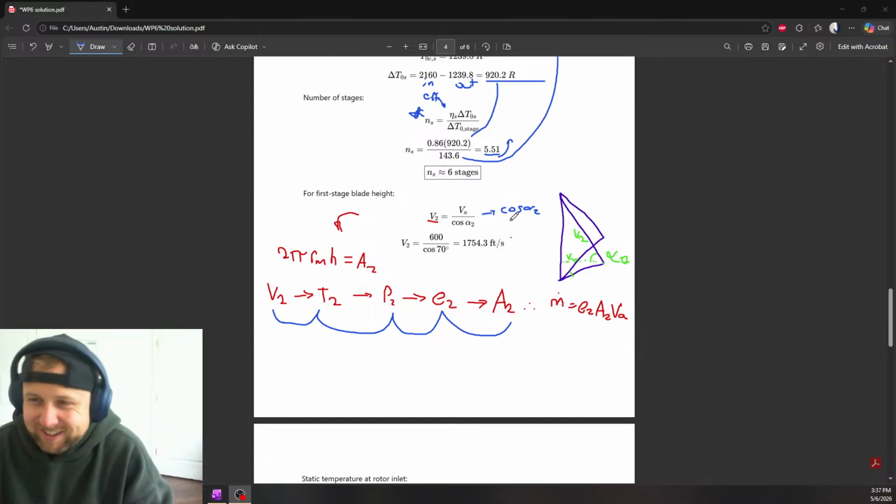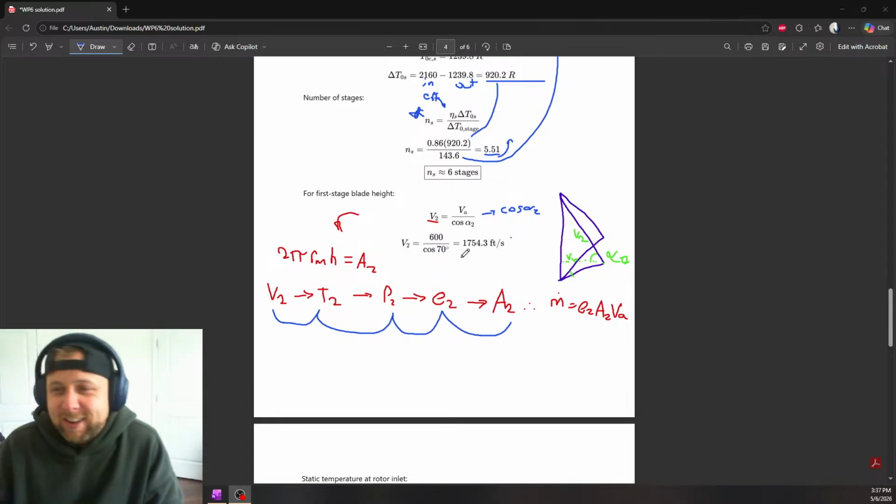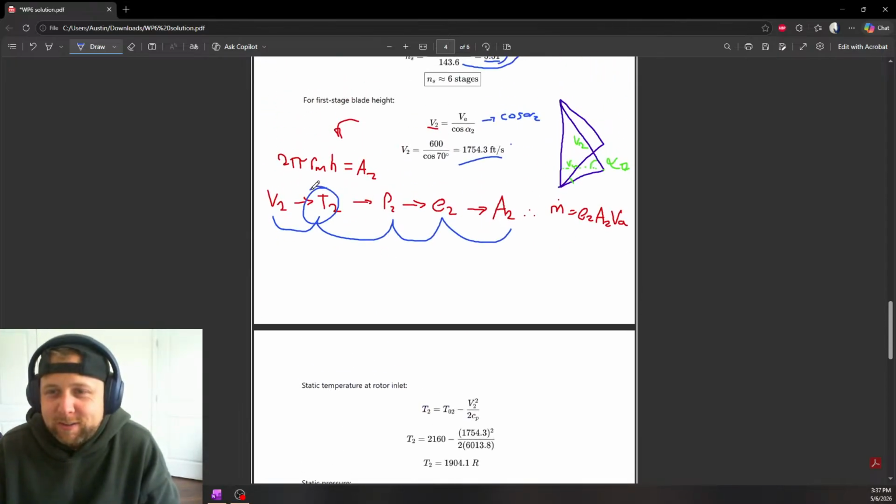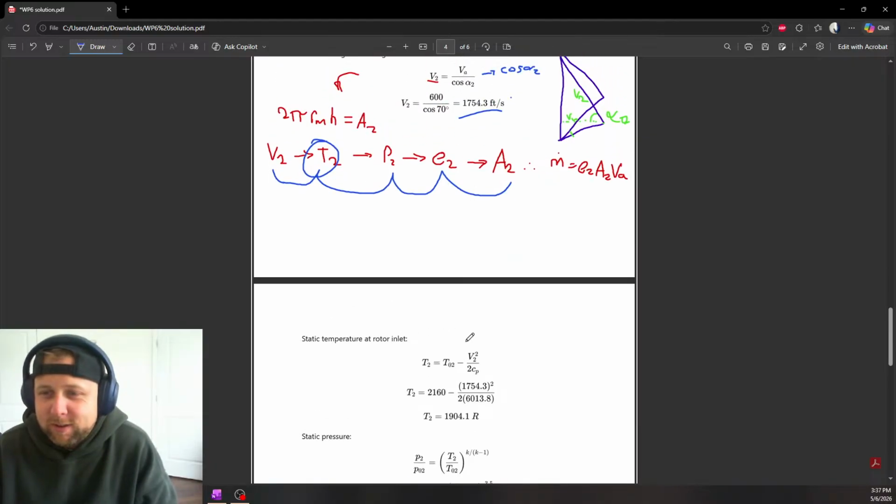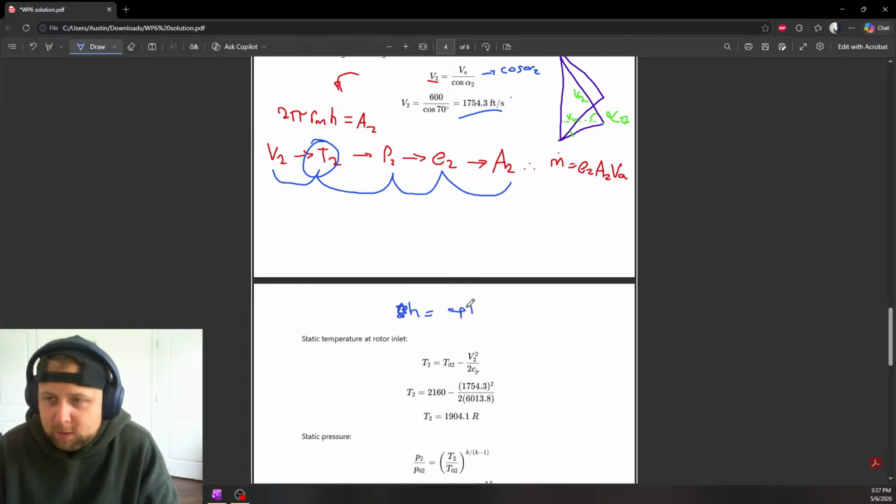Okay, we have our velocity. We're going to move on. What do we need to find? We need to find our temperature, T2. This comes from our H equaling CP times T. So that means we can have T equal to T0 minus V squared over 2 CP.